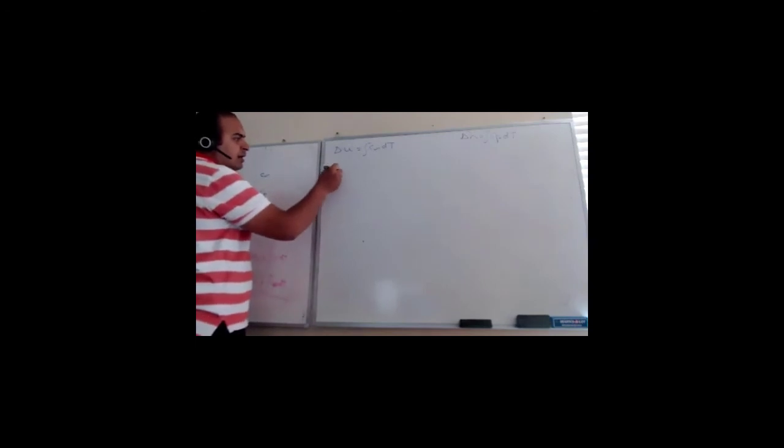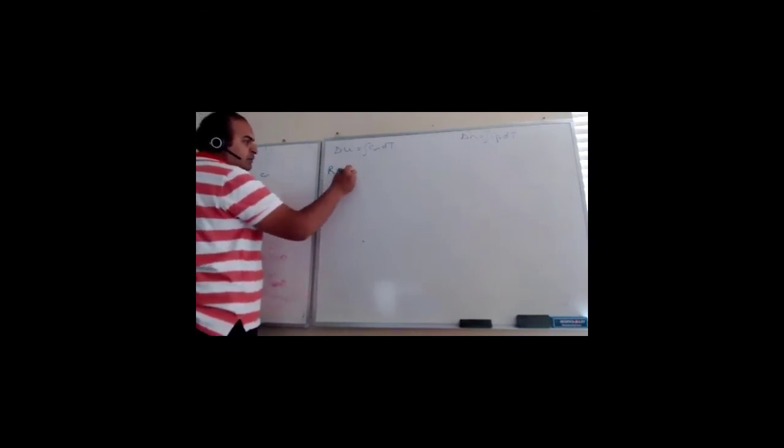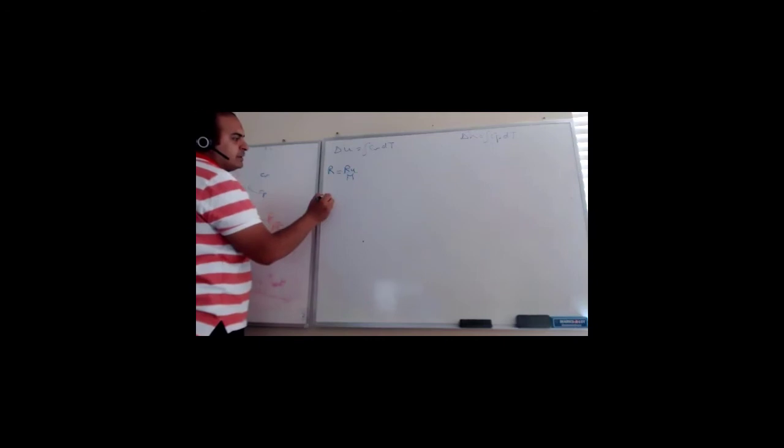So if you go please to the table, for example table A2, open A2C. You will see Cv bar per unit kilomole. Again, R is the universal R over the molecular weight.